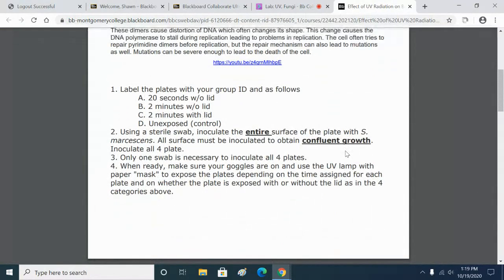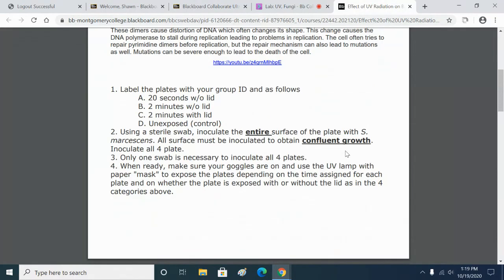So we just saw an example of exposing the bacteria to different amounts of UV light. Of course, it would have been nice if they'd used a clean index card instead of the dirty one that they used. But we're going to look at how to expose plates of bacteria to 20 seconds and 2 minutes. The first two plates are exposed with the lid off.